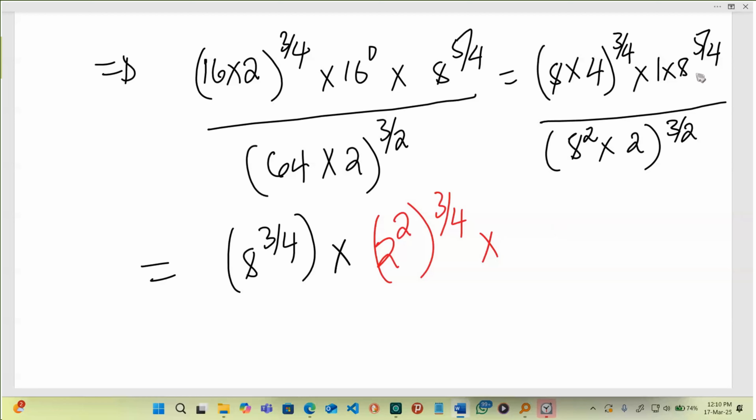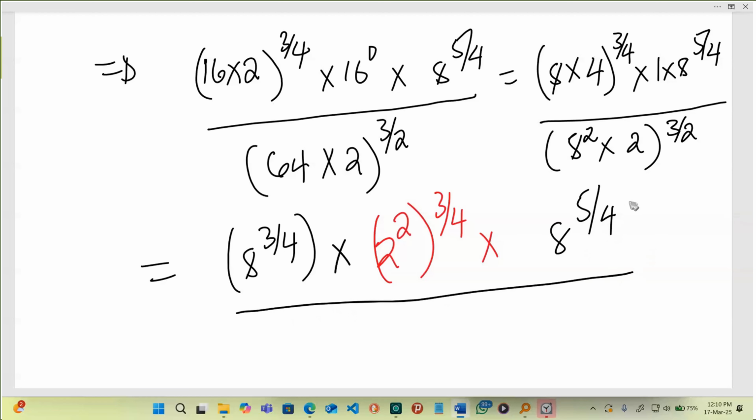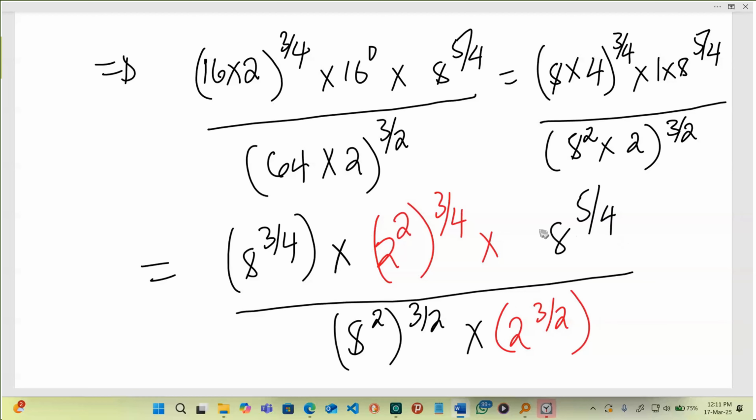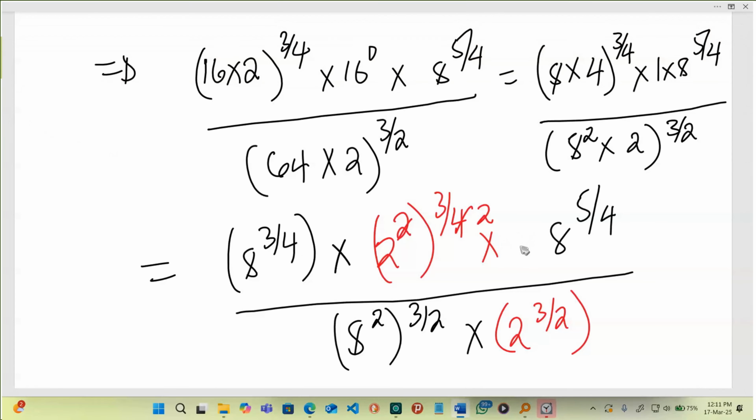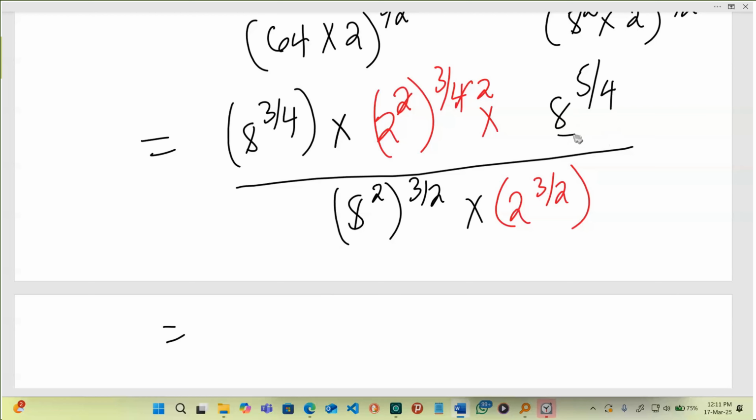Then times 8 power 5 out of 4, divided by 8 power 2, raised to a power of 3 out of 2, times 2 raised to a power of 3 out of 2. So you can see that if I cancel this and this, I have a 2 here, then I'll be in position to combine this and this.